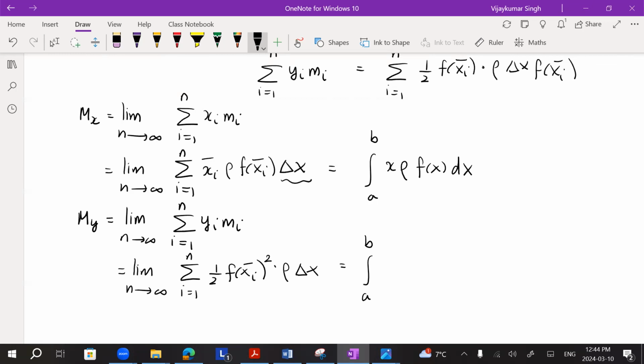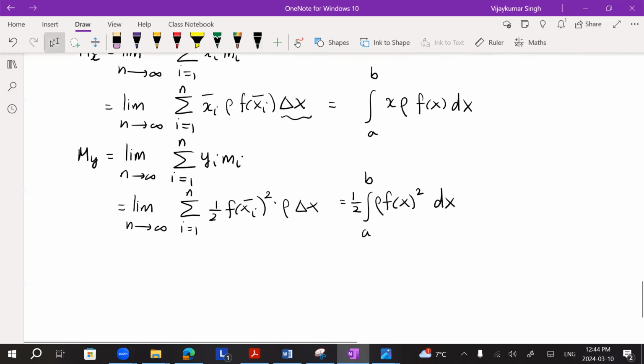That half I'll bring outside. Let me keep the rho out in front. So this is how we get Mx and My.